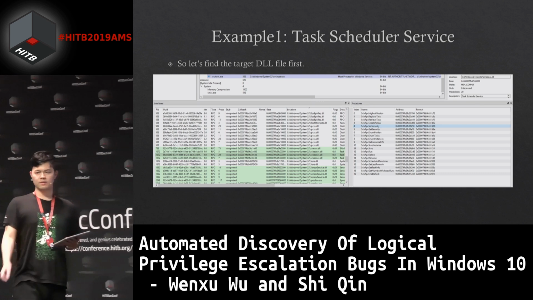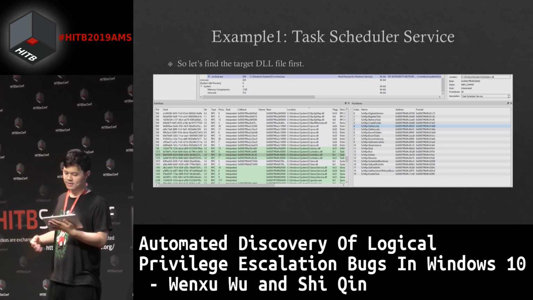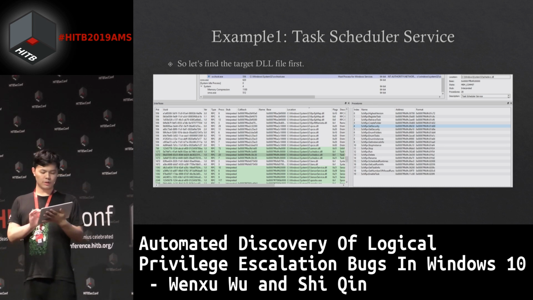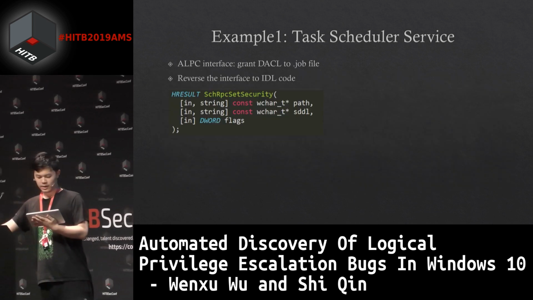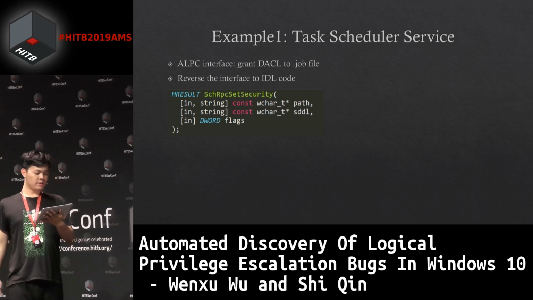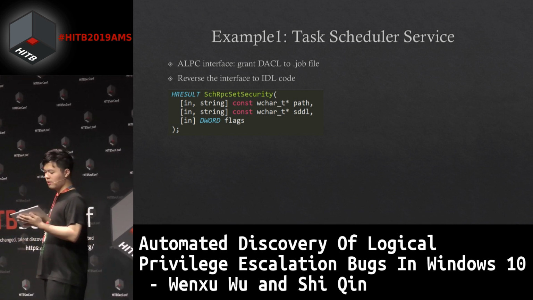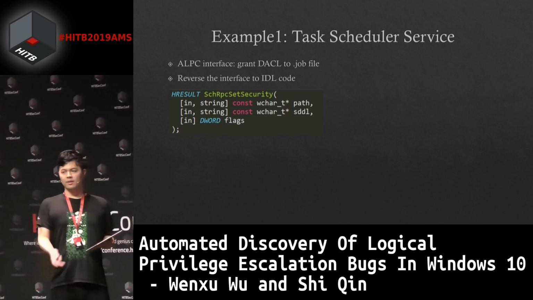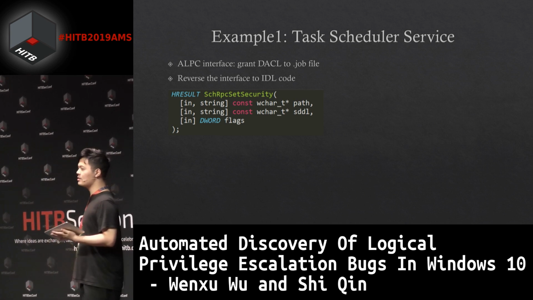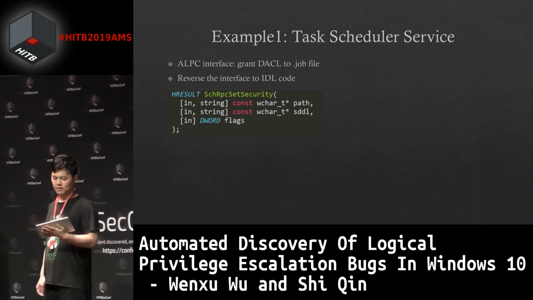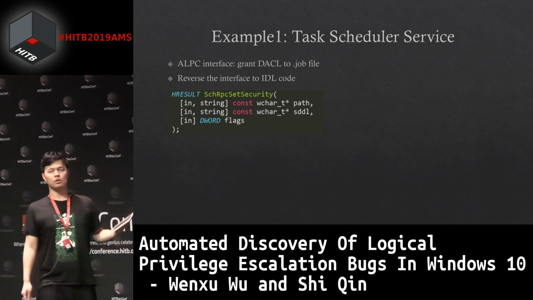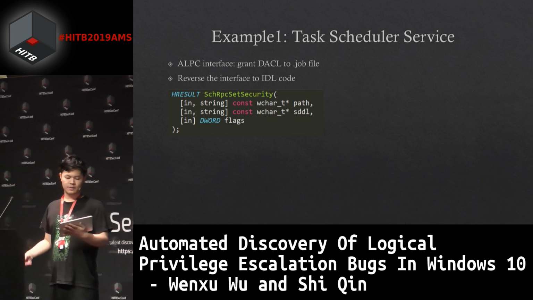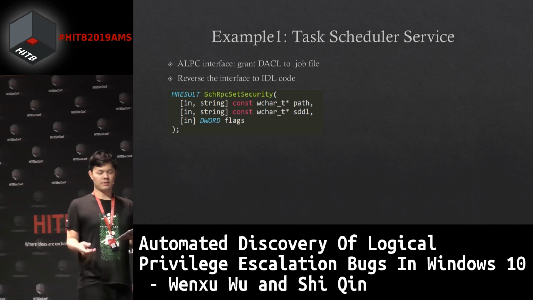For these vulnerabilities, we could see the interfaces in the target DLL files. And we could find it in the target DLL file and reverse it to IDL code. And you will find this code is used to grant DACL to a .job file. The data structures look like this. It receives two parameters.